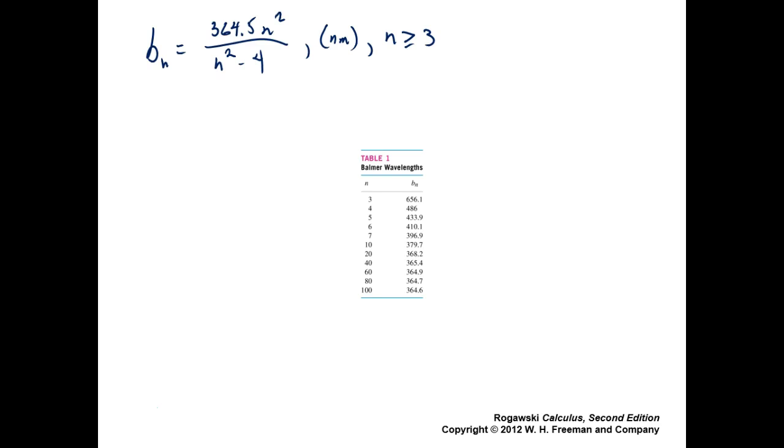Don't use 1. That would give you a negative wavelength. Don't use 2. That would give you undefined. It blows up, goes to infinity. Start with 3. From 3 on, it works fine. And if you want to try it, try it. 364.5 times 9 divided by 5. Punch it in on your calculator. See what you get.